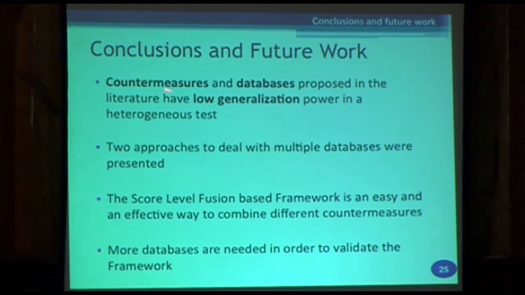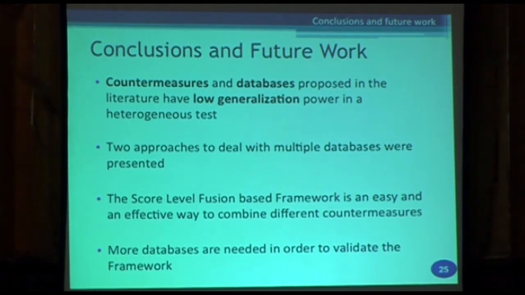Countermeasures and databases proposed in the literature have low generalization power in more heterogeneous tests, which suggests that the answer to this question is no. We cannot use these countermeasures in a real-world scenario. Two approaches to deal with multiple databases were presented here: the combination of multiple databases and the score-level fusion-based framework.